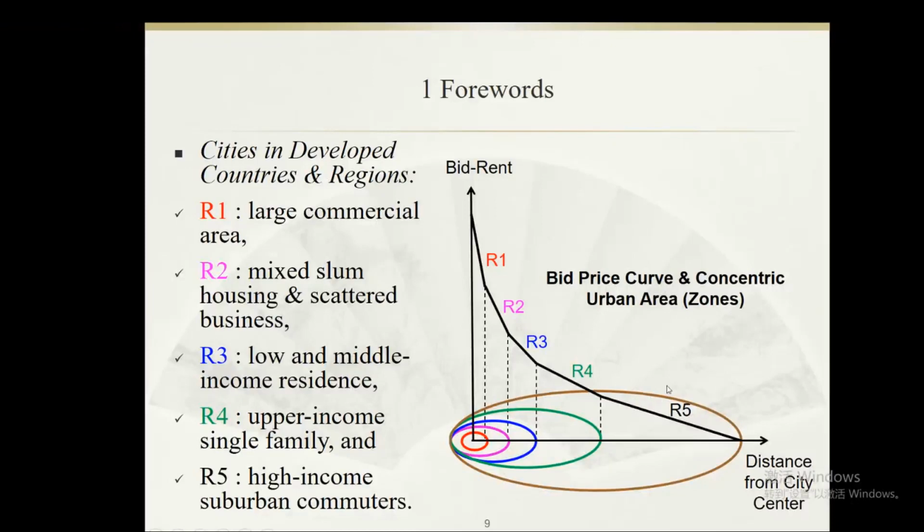R5 is the poorest. Yes, that's true. R2, R3, R4. How about in your country? It's different. If it is the same, it will be strange. It will be absolutely different.